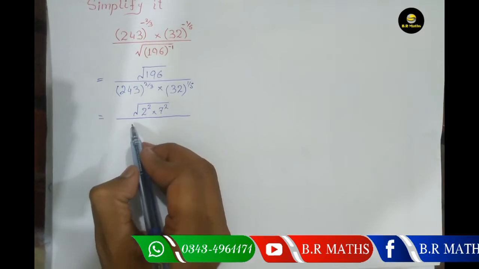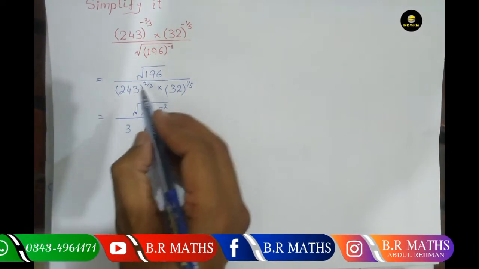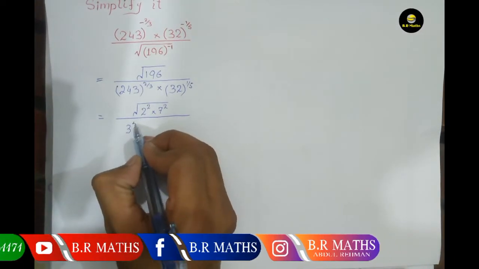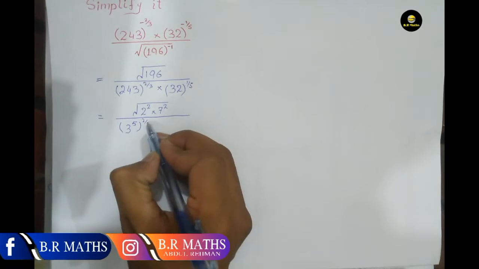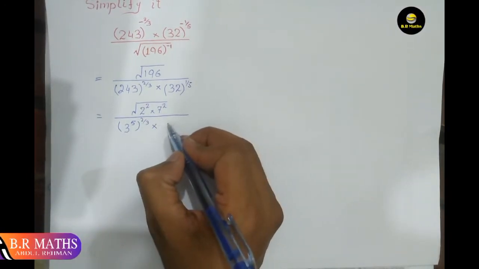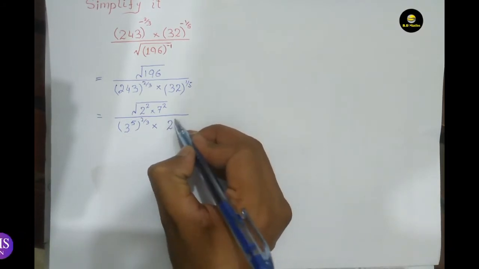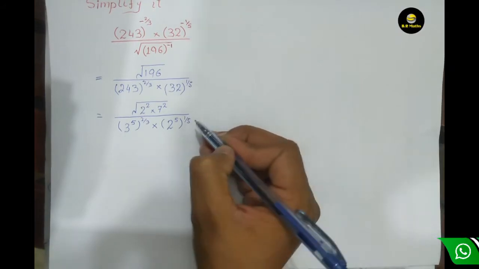In the denominator, 243 becomes 3 raised to power 5, and the whole power is 2 by 3, multiplied with 32. 32 means 2 raised to power 5, and the power 1 by 5.